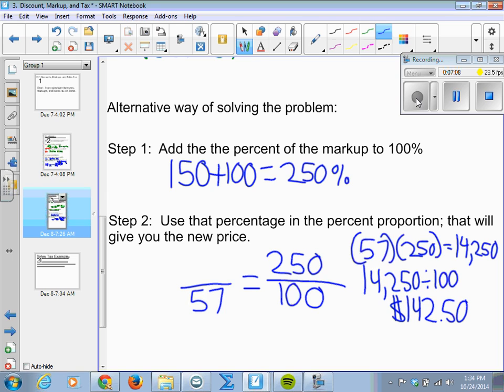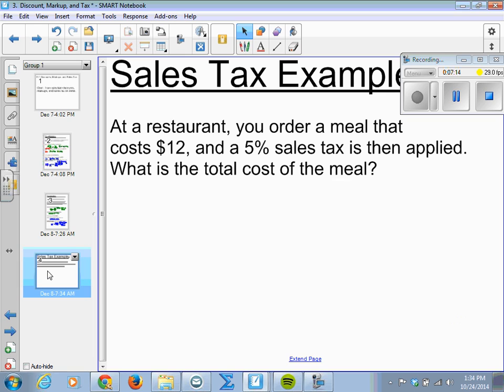So again, alternate way of solving it. Choose what you understand best and use it. Finally, sales tax. We should know from our experience in life that sales tax is an add-on to an original cost. So at a restaurant, we order a meal that costs $12, has a 5% sales tax. What is the total cost of the meal? You can use any of the methods that we have seen previously. This is an add-on. So I'm going to add that 5% to 100, which gives me 105%.